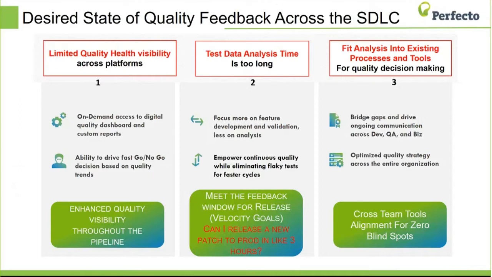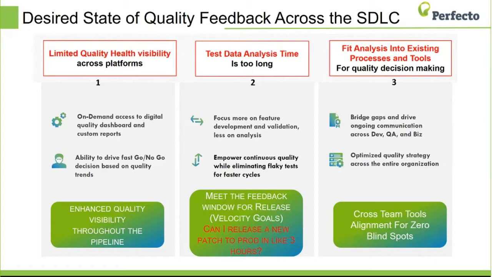But at the end of the day, organizations, especially across the 3 different challenges, are trying to enhance the quality visibility throughout the pipeline, understand at each and every moment how the product looks like from a quality perspective. They want to meet the overall release timeline, which is, as we know, either short or getting even shorter, and also have the full alignment across the team, as you mentioned, Zvika, the consumption model.